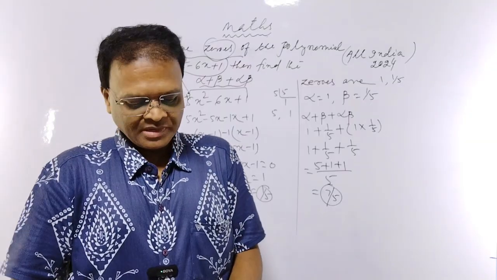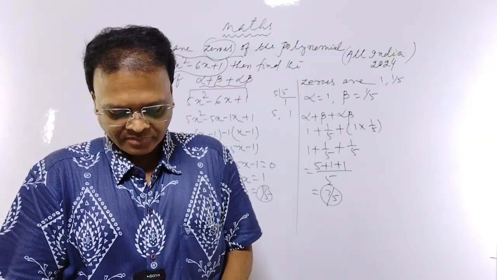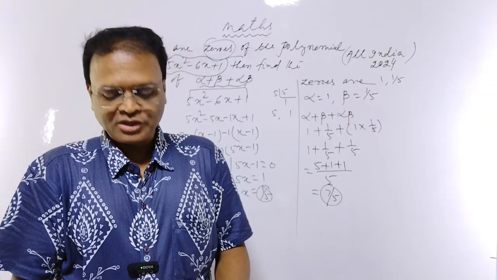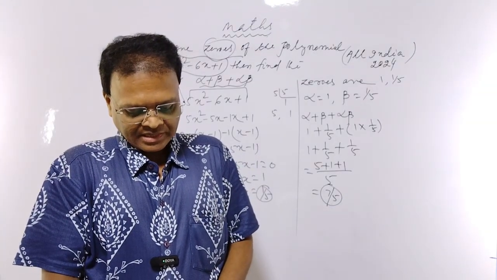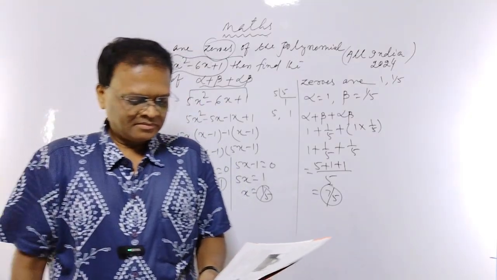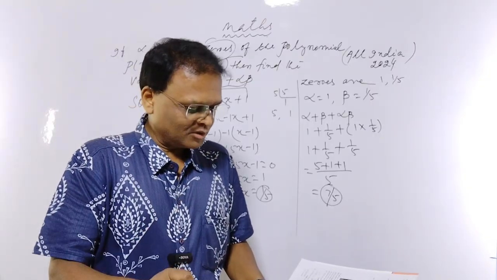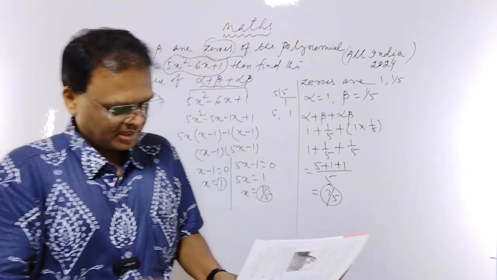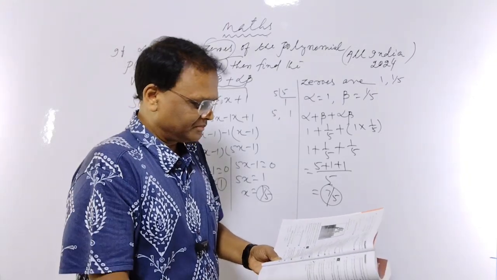Your second question, let me take from one year. What is he asking? Let's see. He is asking one MCQ. What is he telling? The quadratic polynomial whose sum of the zeros is -5 and the product of the zeros is 6. And this was asked in 2020 in Delhi.